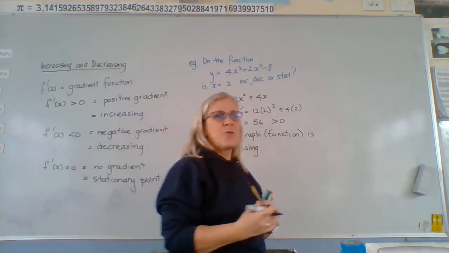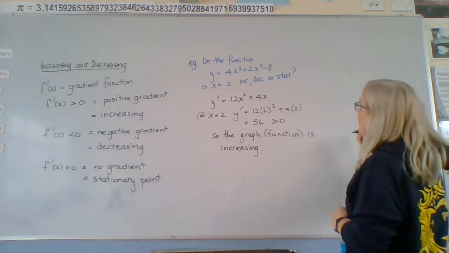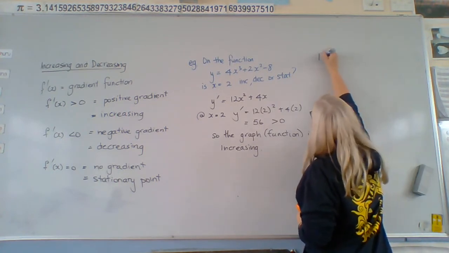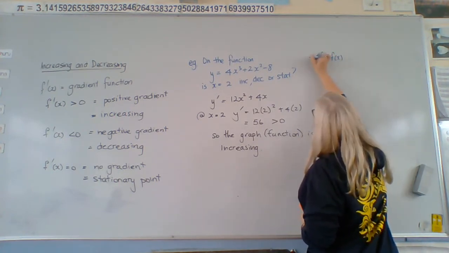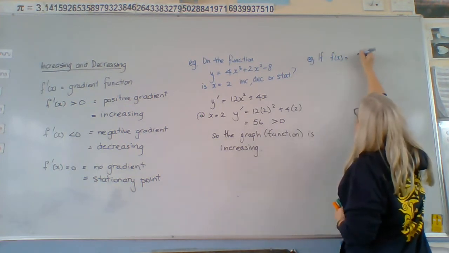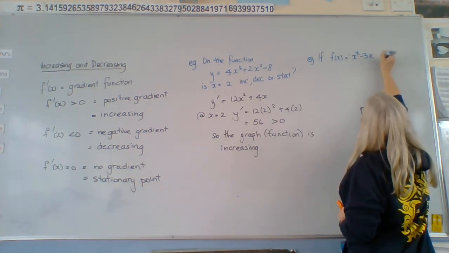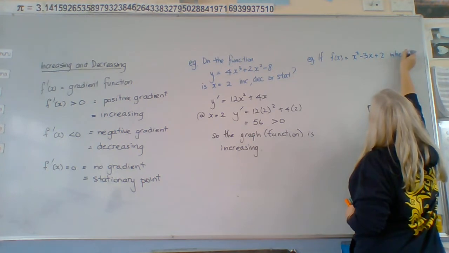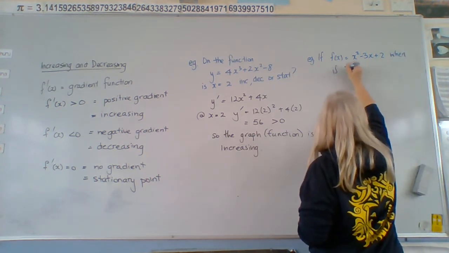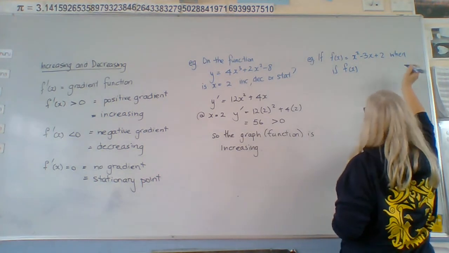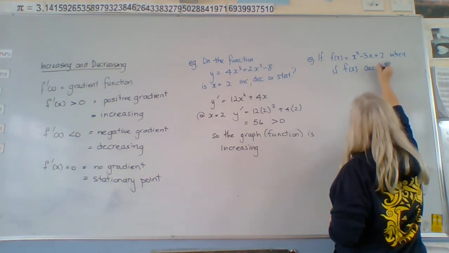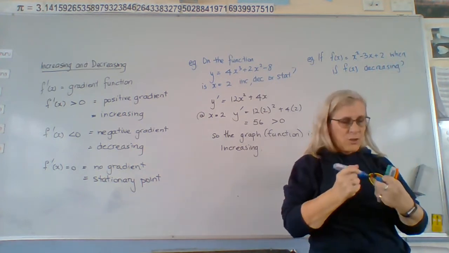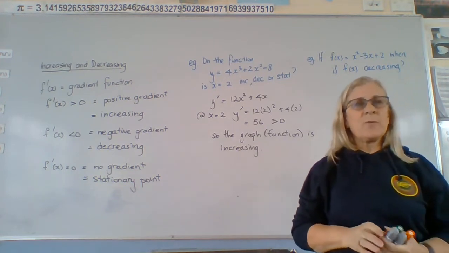And again, they could turn it around into the opposite direction sort of question. So I could turn it around like this, asking you to find the values for wherever it happens to be.